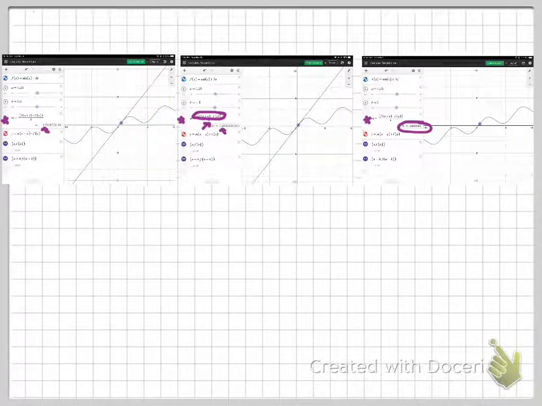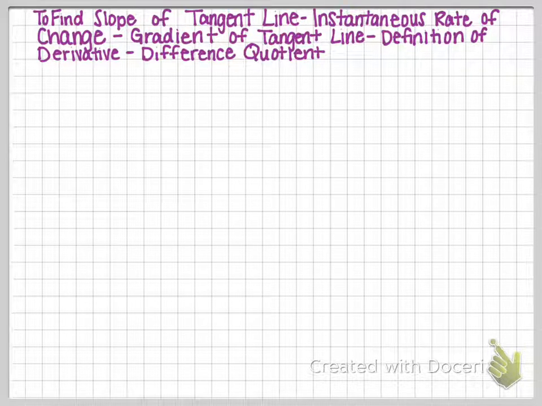So what this really is, is the way to find the slope of the tangent line, or the instantaneous rate of change, or the gradient of the tangent line, or the definition of derivative, or the difference quotient.